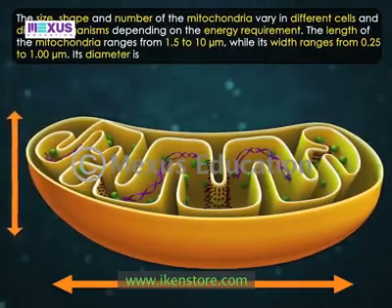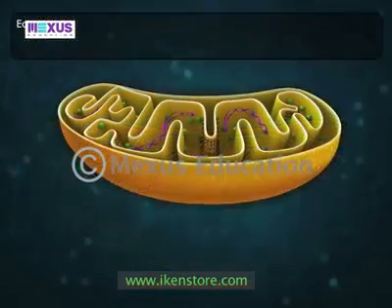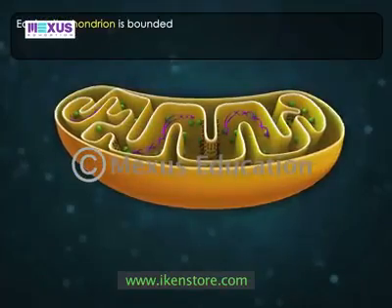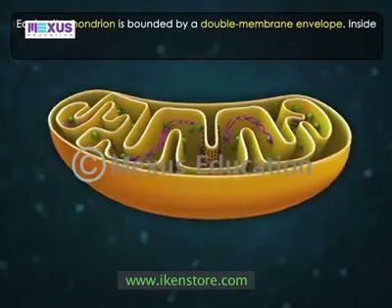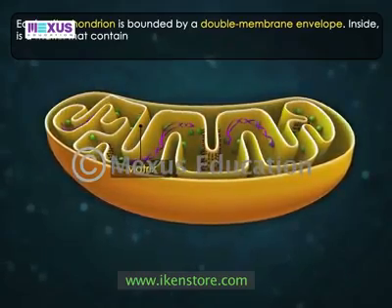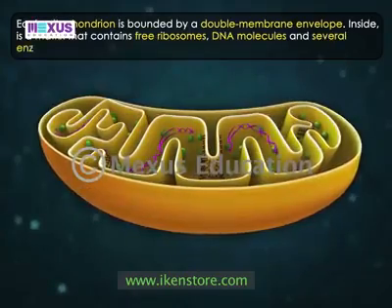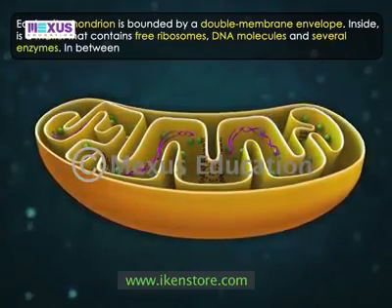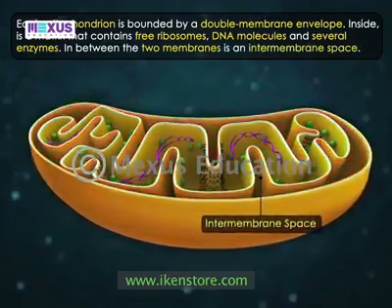Its diameter is about 1 micrometer. Each mitochondrion is bounded by a double membrane envelope. Inside is a matrix that contains free ribosomes, DNA molecules, and several enzymes. In between the two membranes is an intermembrane space.